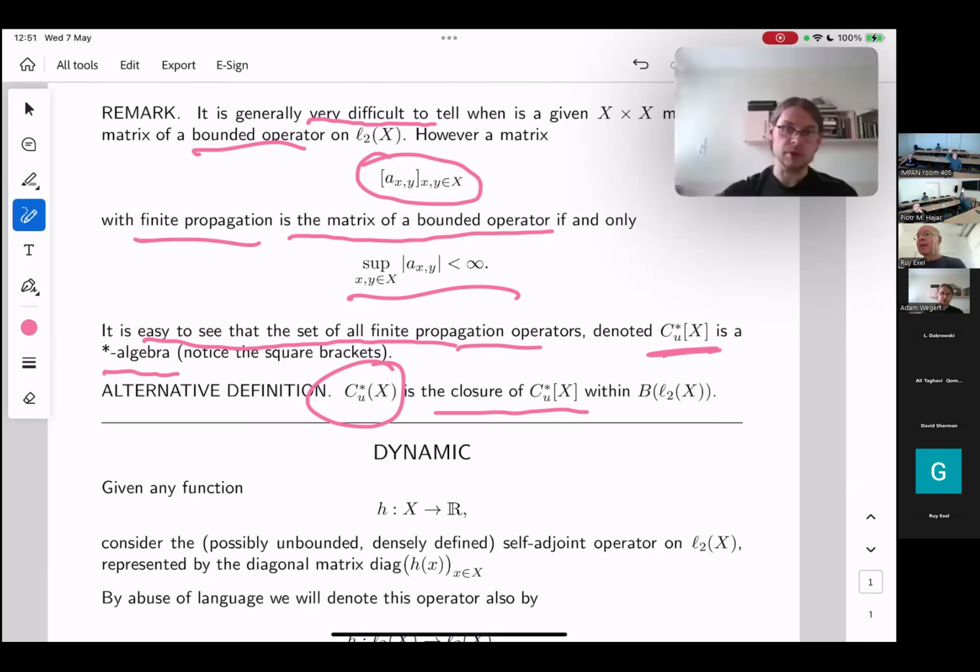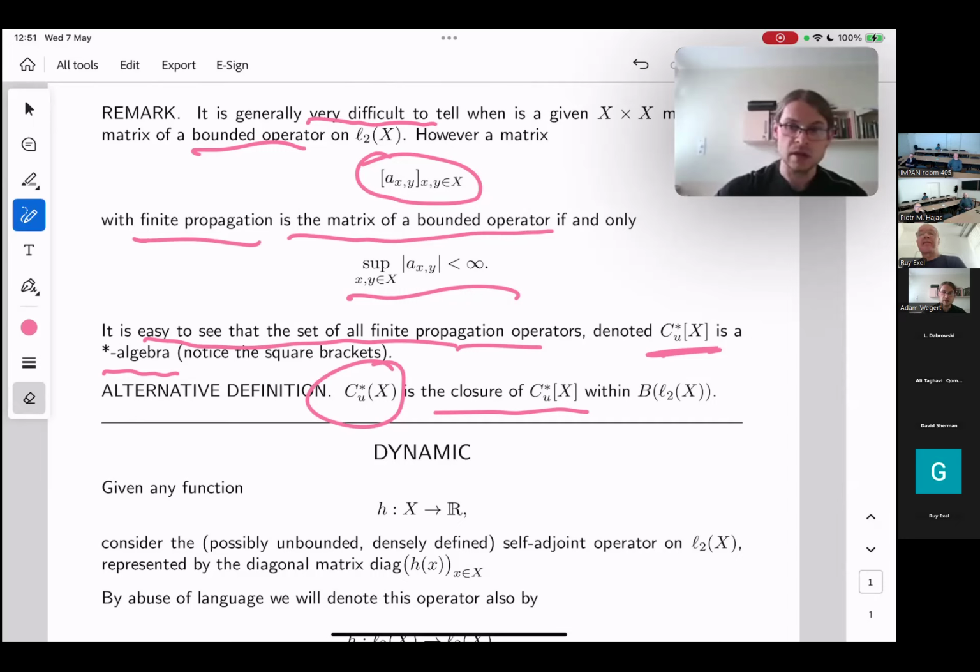Sorry, may I have a quick question? Yeah. Why is it called C star U? U stands for universal? Because there's another one. I myself have questioned this definition the first time I read it, and I don't think I have a good reason for that notation, but it's standard across the theory. But is it true, for example, that you have a canonical epimorphism from this C star U to the other version?